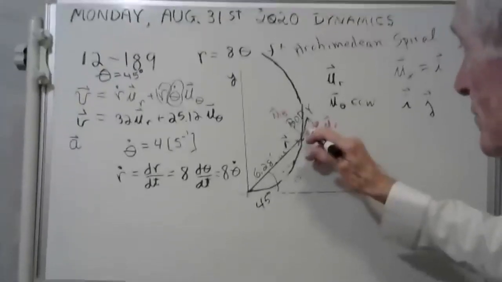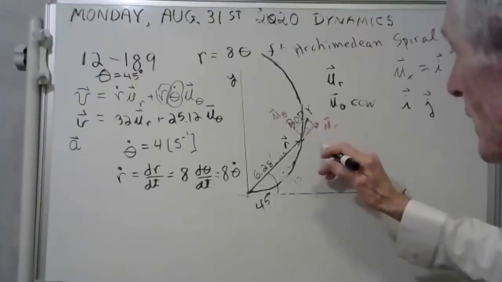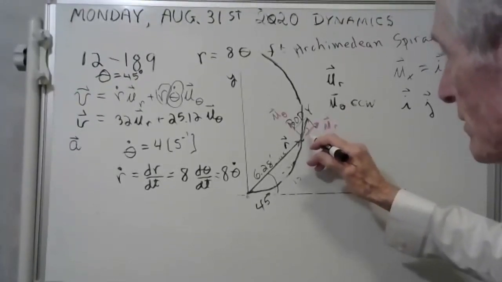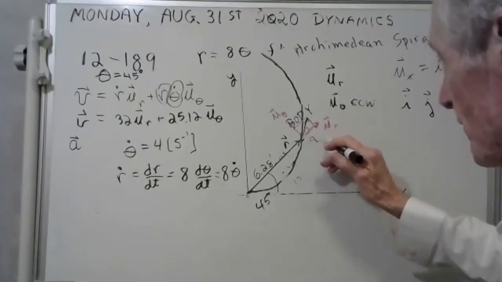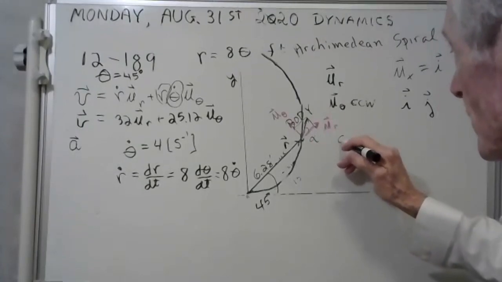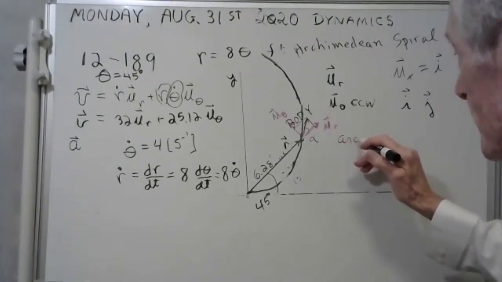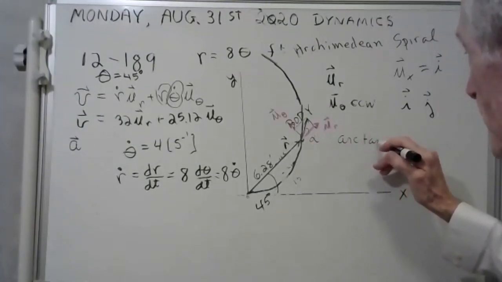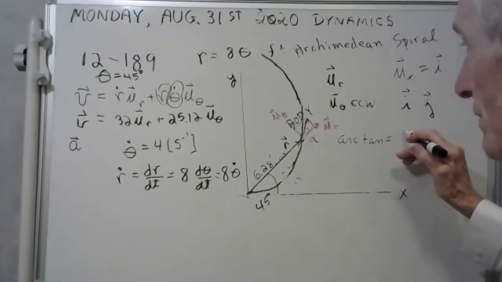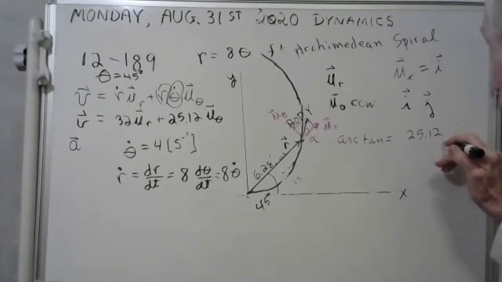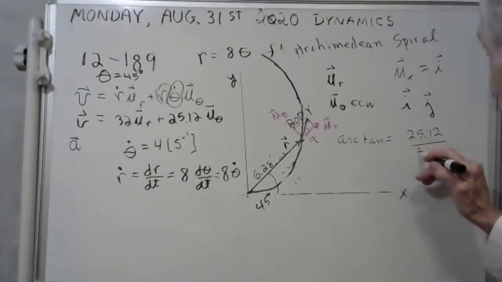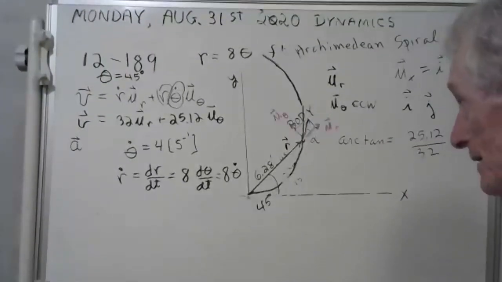And in fact, you can get this angle here. I hate to call it theta, maybe we'll call it alpha. The arc tangent of alpha would be the 25.12 over the 32. I can get that angle.